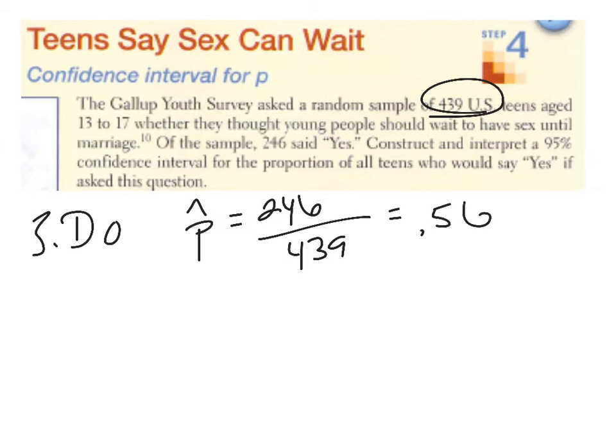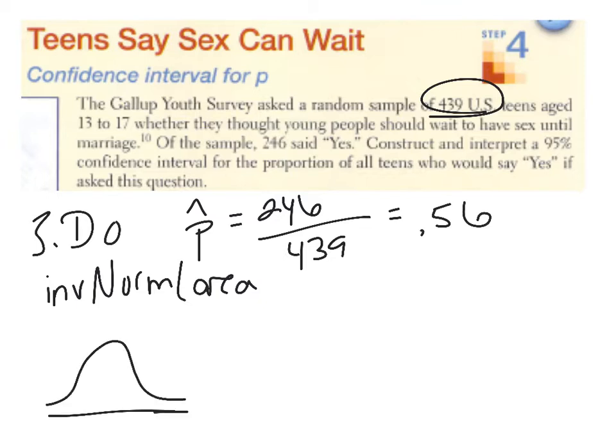Plugging this into my calculator, using inverse norm: it asked me for 95% confidence. When I draw my curve, I've got my probability of 0.95, which leaves only 0.05 left over. When I split that in half for the two tails, I get a probability of 0.025 in each.